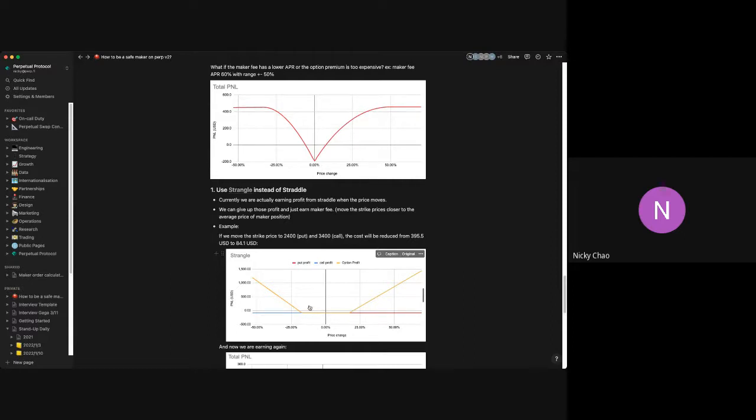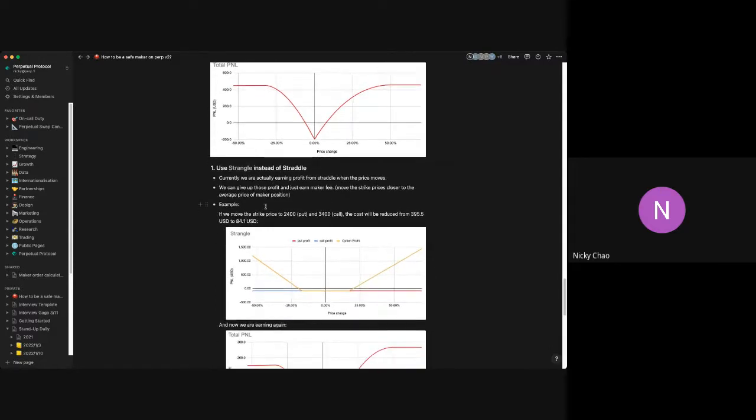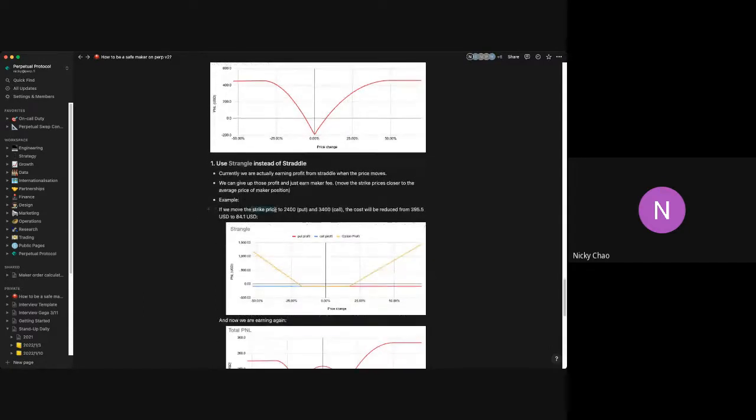Because your options are now out of the money, it's definitely cheaper. If we buy a put option with a strike price of 2,400 and a call option with a strike price of 3,400, the cost is reduced from around $400 to just $84.